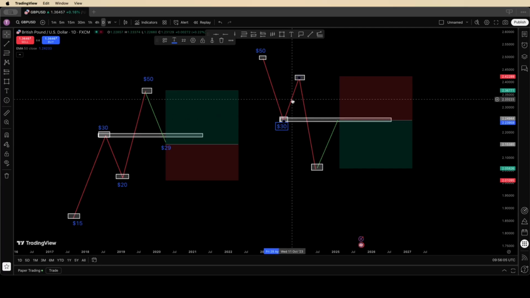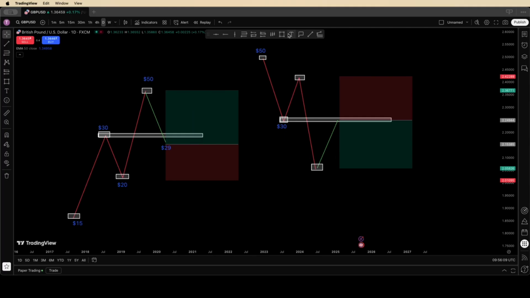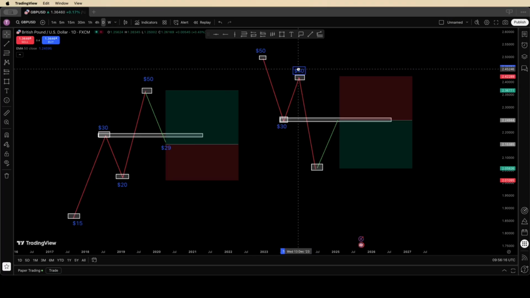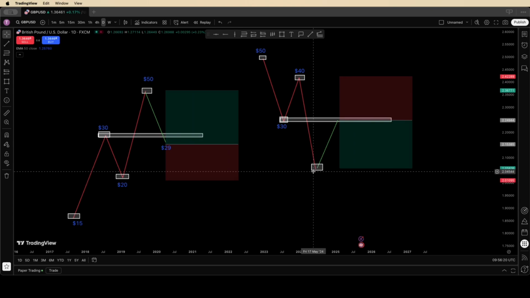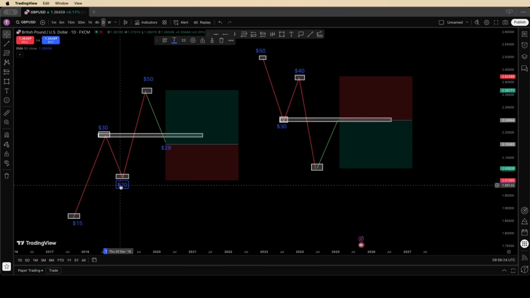Now, let it go up a bit, I'll sell more, and then maybe it went up to $40, and then some people sold, took profits, and then the market dropped even further, and went down to $20.